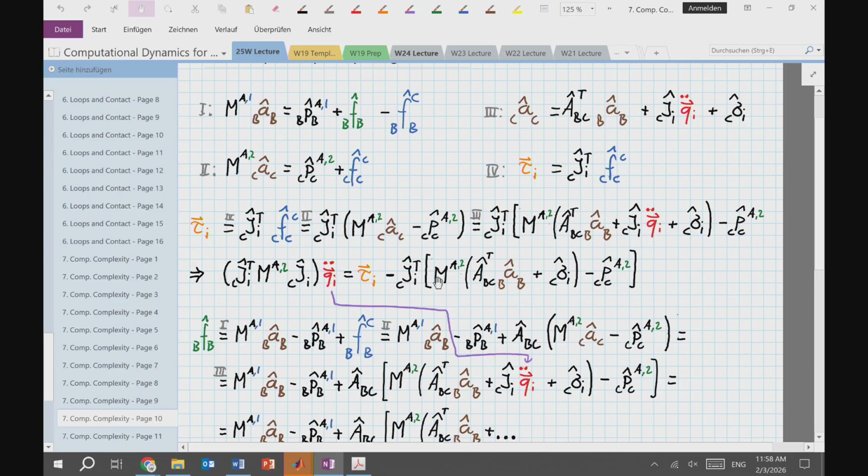And now, because we're looking at continuous dynamics, of course, I cannot ignore all these bias terms. I have to carry them around with me. But that's the core idea, right? To take the equations of motion and project them into a single joint. And now I can solve them. What's the computational complexity of solving this equation of motion?